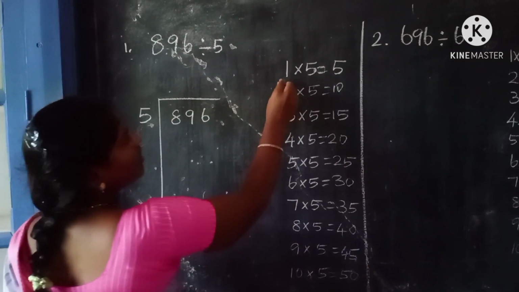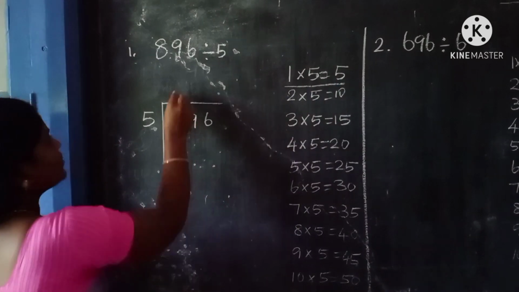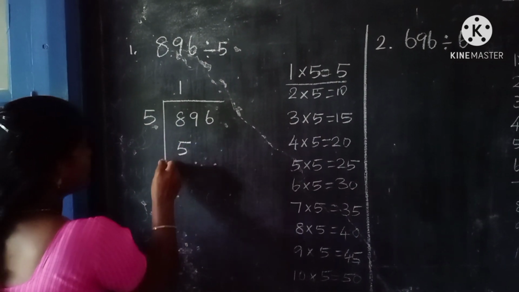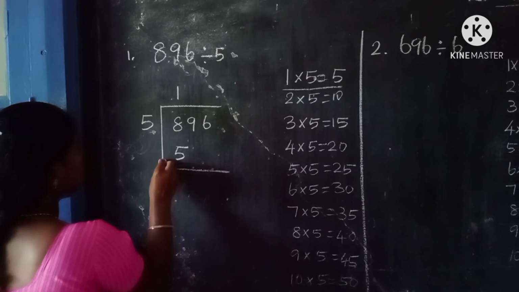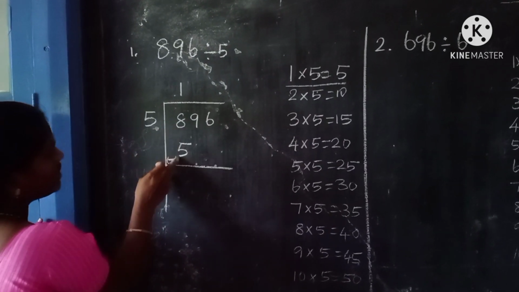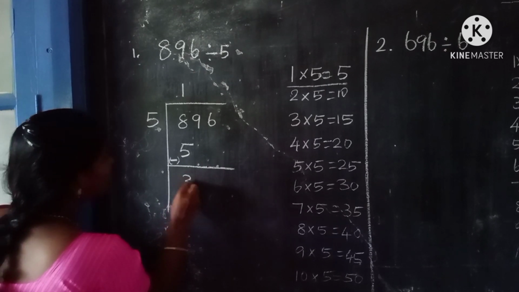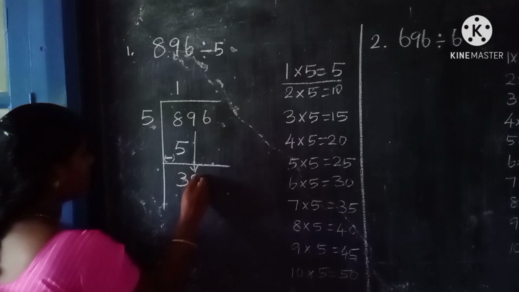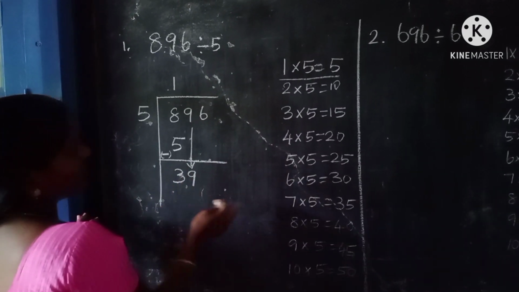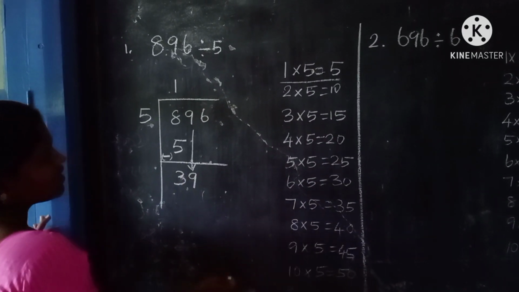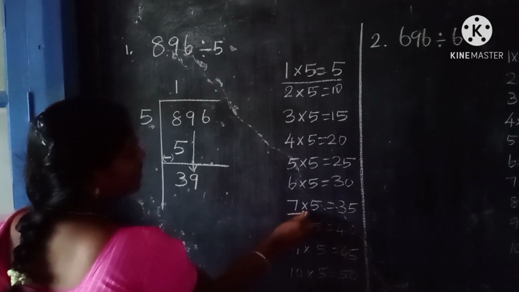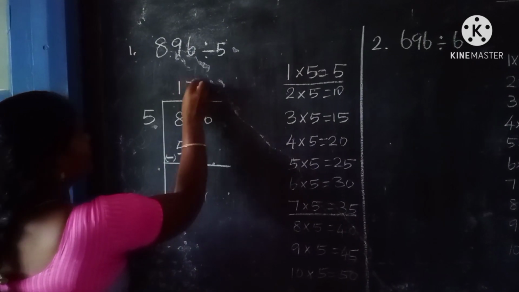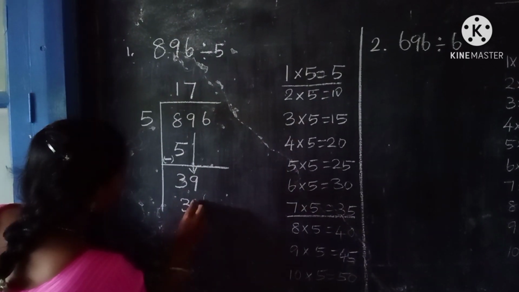See the table. 1 5 is 5. So here put 1. Next, we put the subtraction symbol. 8 minus 5, 3. Next, we write down the next number 9. How many 5s are 39? 39 does not come in the table, so take the number before, 35. How many 5s are 35? 7 5s are 35.